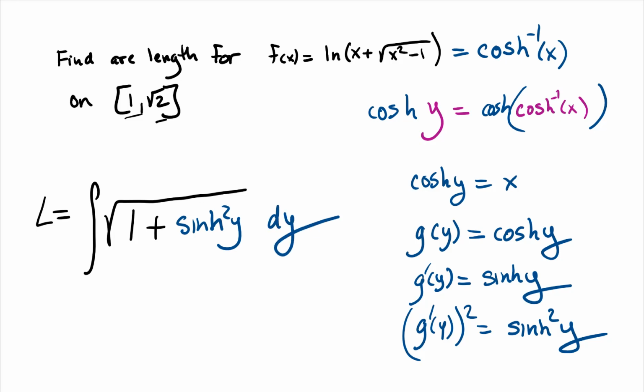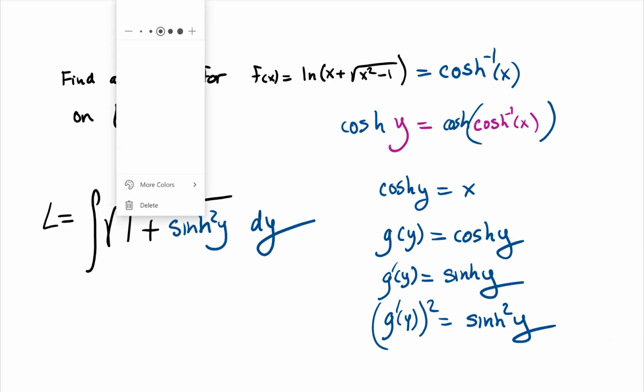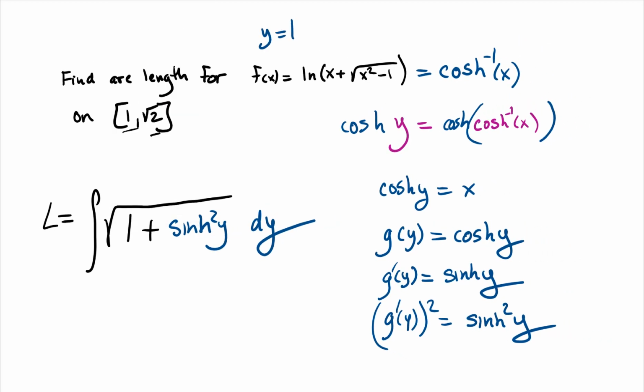But we're still going to need to change our bounds. So let's say when x is equal to 1, what do we get? Natural log of 1 plus the square root of 1 minus 1, which is just 0. So this is the natural log of 1. Oh, it's 0. That's not a bad bound.